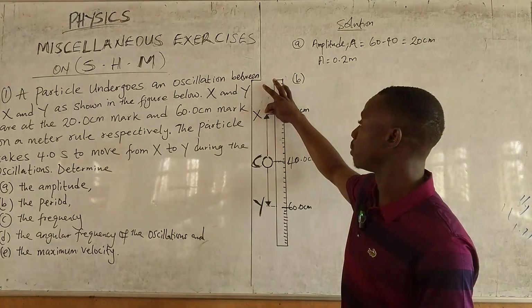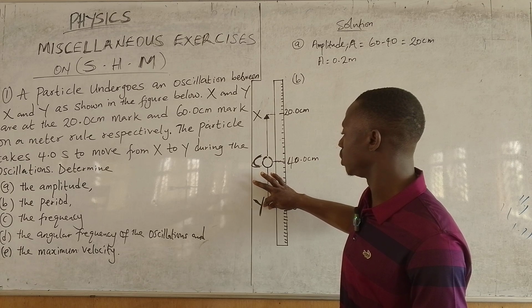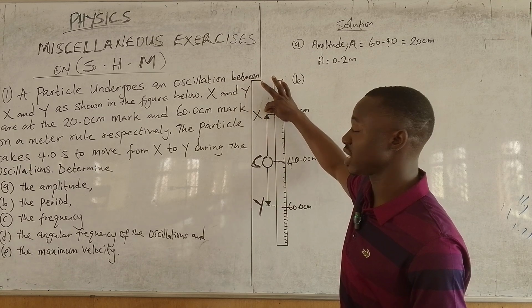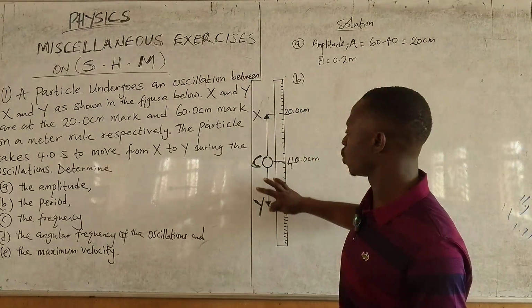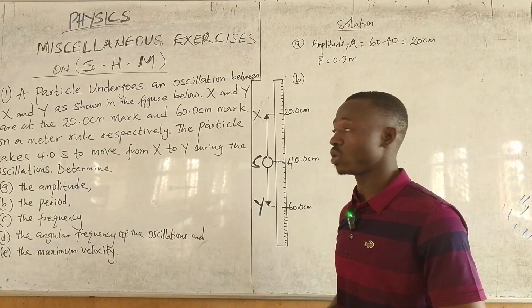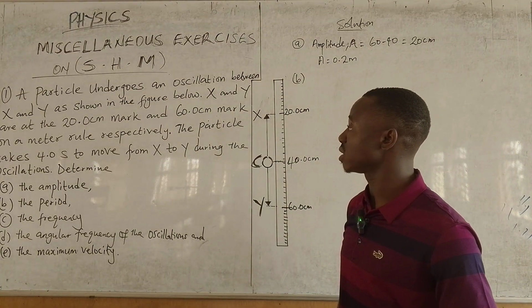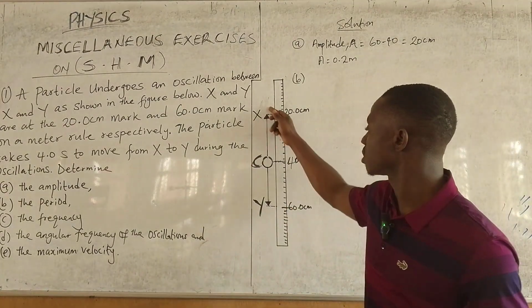The moment you release it at point X, it goes down to point Y, that's to. Then it goes back again from Y up to point X, that's fro. So XY, YX, that's a complete oscillation.